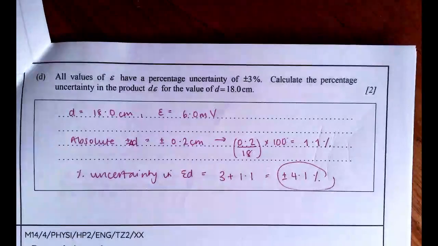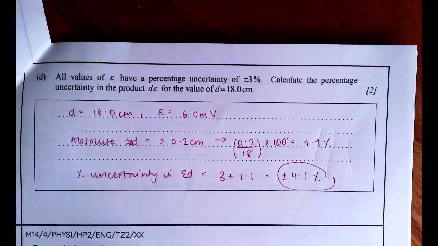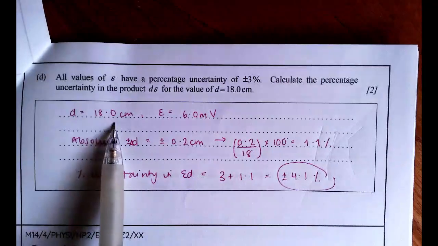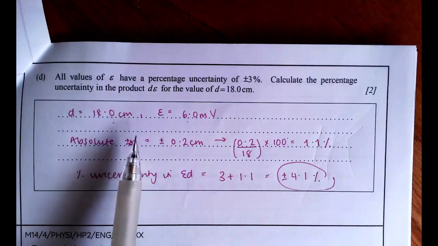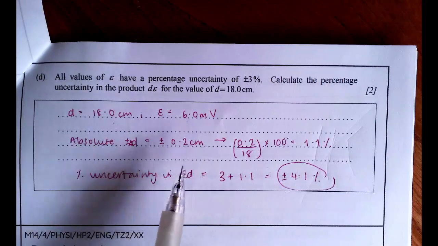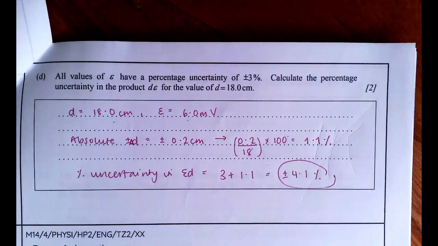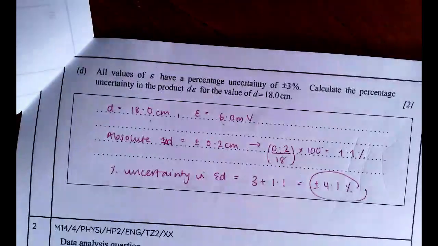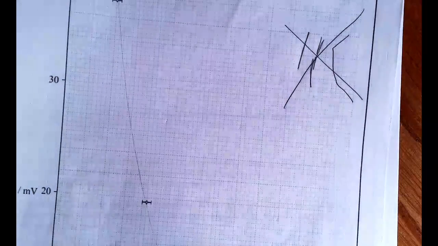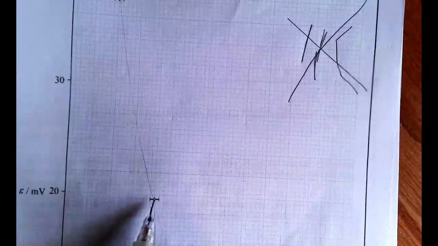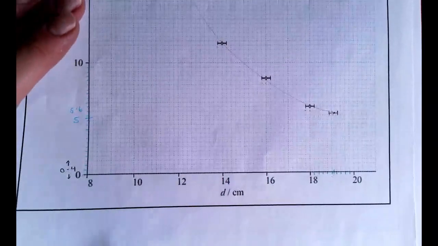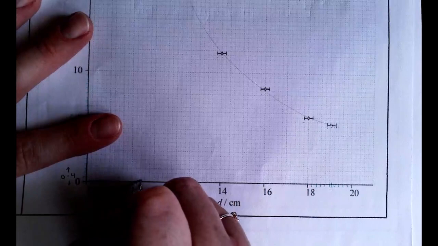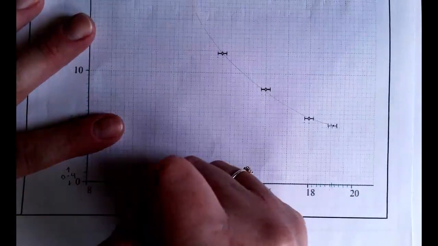Okay, so I have a value for distance, I have a value for EMF. I know that my absolute uncertainty in my distance is plus or minus 0.2 centimetres. Now the reason why I know this is because I have plus or minus 1 small square on the x-axis, which is measuring D, and each small square on the x-axis is 0.2.